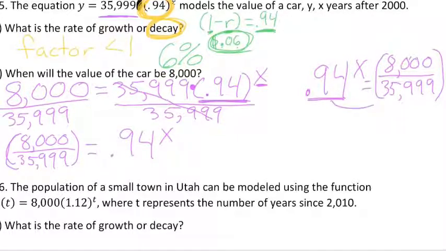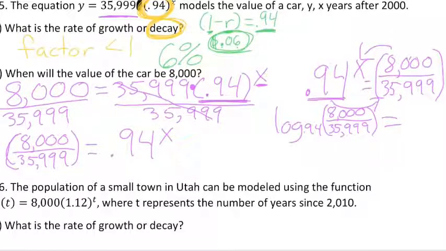I've got what I'm going to take the log of. So log base 0.94 of 8,000 divided by 35,999, I'm going to set equal to my x. So now I'm going to put this lovely log into Desmos.